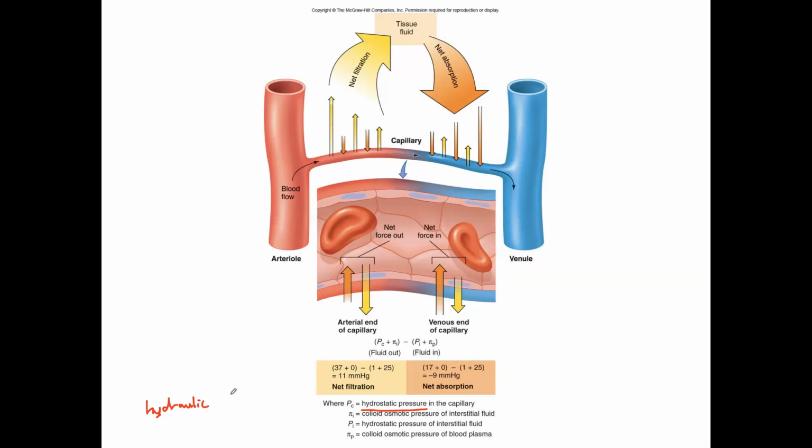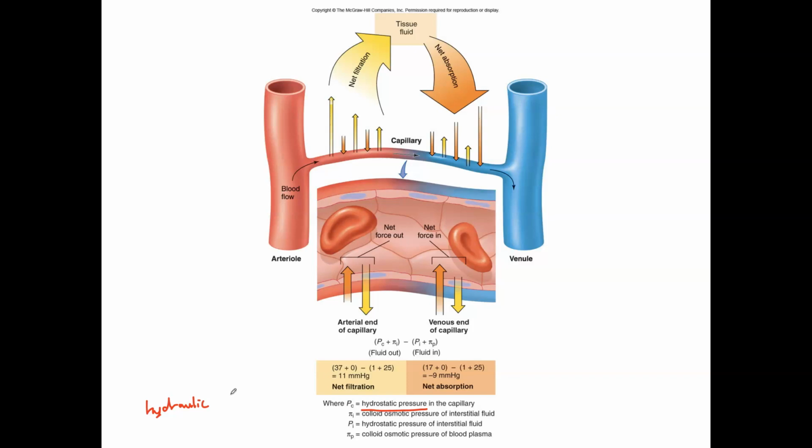And since the cardiovascular system is a closed system, we're really talking about a hydraulic pressure. But unfortunately, most books will refer to this as hydrostatic pressure rather than hydraulic pressure. So just understand that you're basically going to see both terminologies, but we're really talking about a hydraulic pressure rather than a hydrostatic pressure in the cardiovascular system.